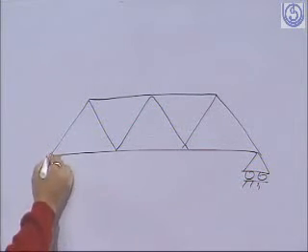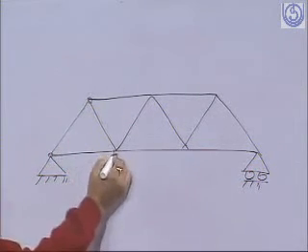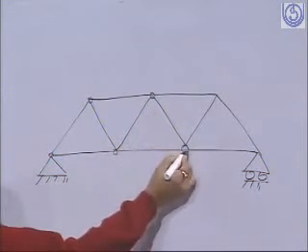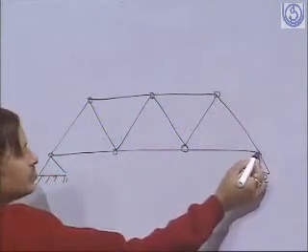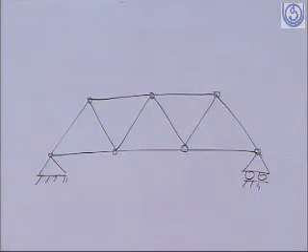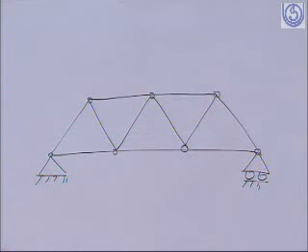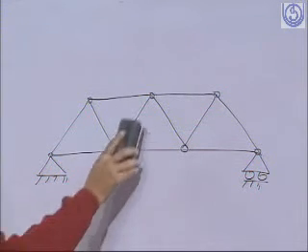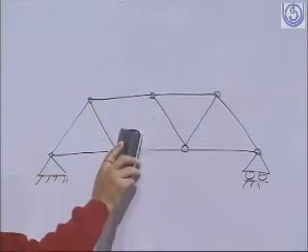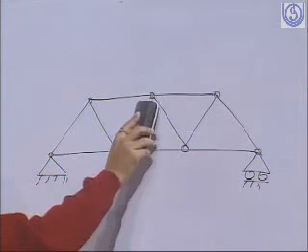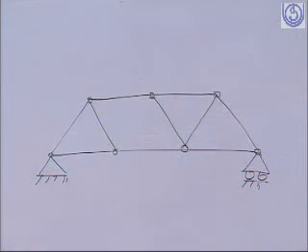Suppose this is a truss, a simple truss in which these are hinges. This is externally stable and internally also it is stable. But suppose we remove this link from this place. So what will happen?